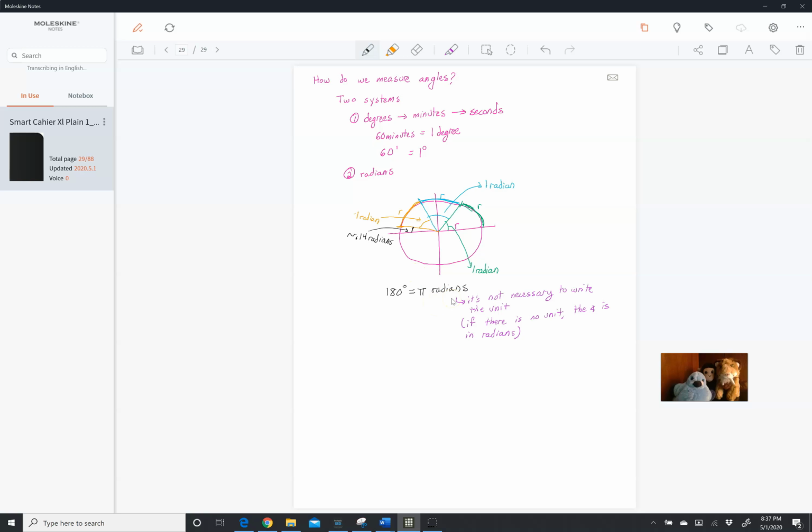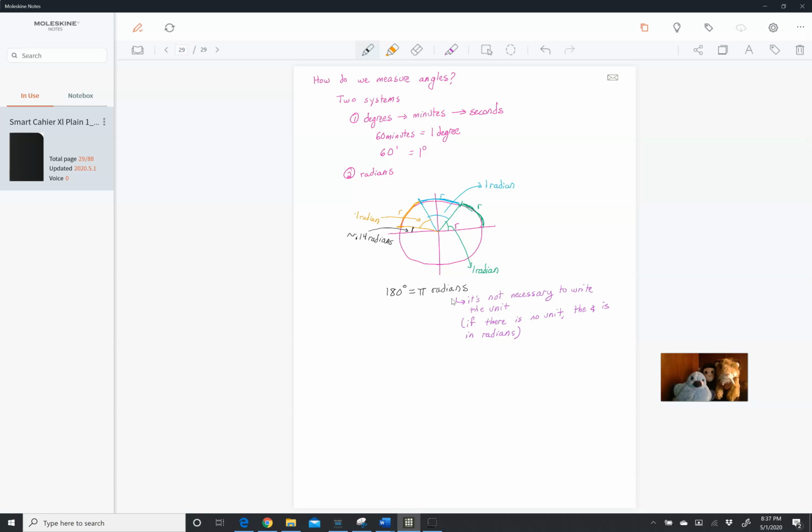That's because radians is used so frequently, and mathematicians can be very lazy. We don't want to put in the unit. And we can do that because there are not all that many different types of measurement. Think about the English standard system and the metric system, right? Metric system, we have kilograms, kilometers, millimeters, centimeters.